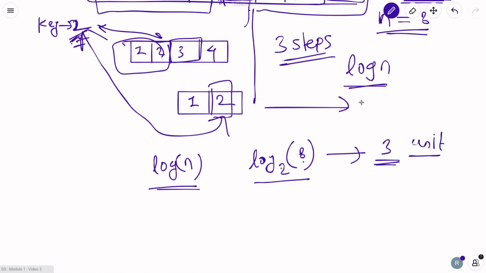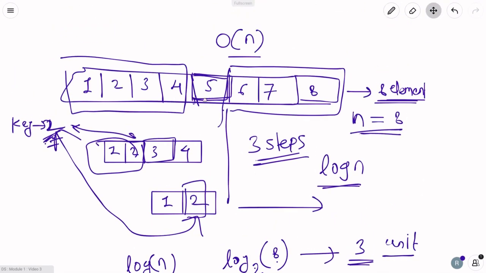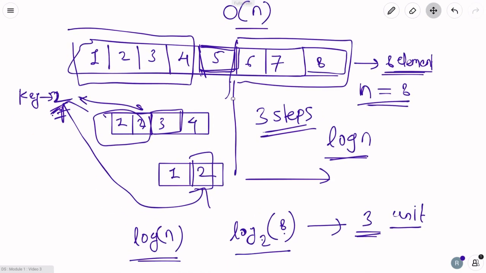Okay, so that's why such type of program where the input is getting divided logarithmically, you can see that in the first step we have an array of size 8, in the second step we have an array of size 4, in the third step we have an array of size 2. So basically the input is getting restricted logarithmically, or we are basically dividing the input by a factor of 2.